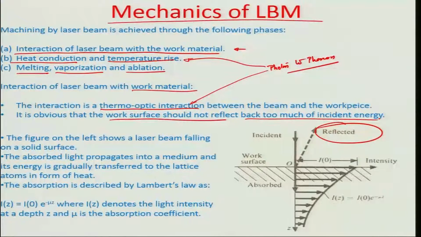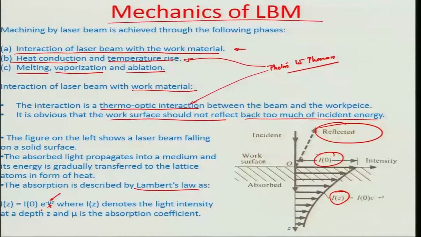Suppose I0 intensity falls on the surface of a solid. By the Beer-Lambert law, as a function of depth you have a changing intensity which is dependent on the molar absorptivity coefficient of the material, mu. This is highly dependent on the wavelength we are using. Typically the wavelength doesn't change much for a single source laser; it is more or less the same wavelength, so we don't consider the variation of mu with respect to wavelength.